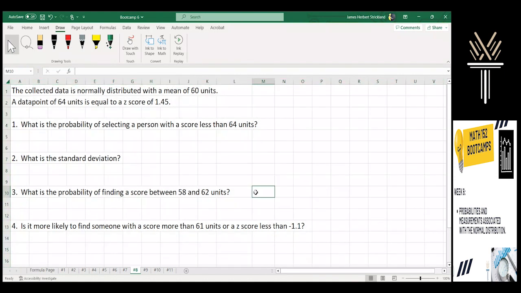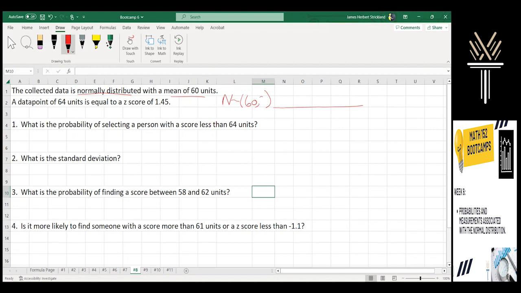All right, some problem solving time. If you read the first part here, you'll notice something really important is missing. We've got a normal distribution. We know the mean, but we don't know the standard deviation.